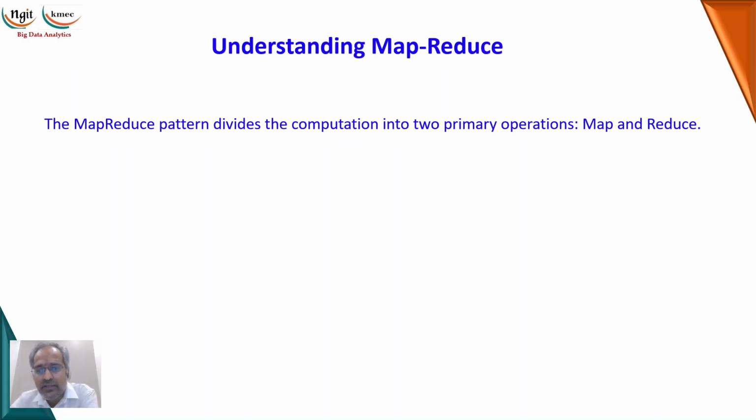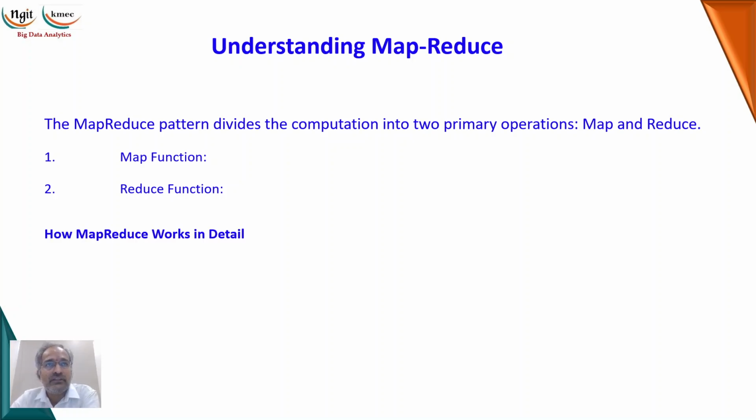Everything is completely based on key value pairs. The key component is the key value pair. There will be a map function and a reduce function. These two are available. And how MapReduce works: parallelism in the map, data locality. These are the various points.